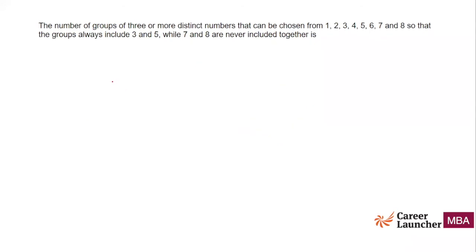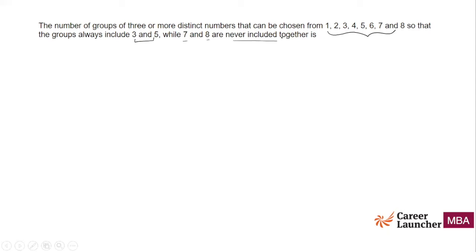So this is a question on PNC. The number of groups of 3 or more distinct numbers that can be chosen from these 8 digits, all 8 are here, 9 is missing and 0 is missing, so that the groups always include 3 and 5, while 7 and 8 are never included together.